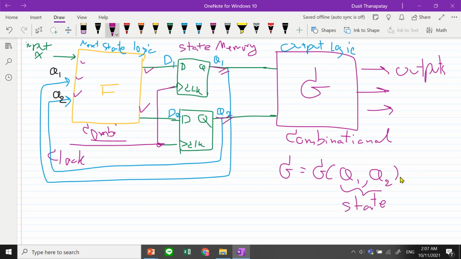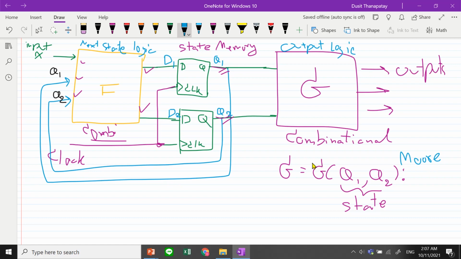G is a function of the state of the circuit only. This kind of state machine is a Moore type state machine.